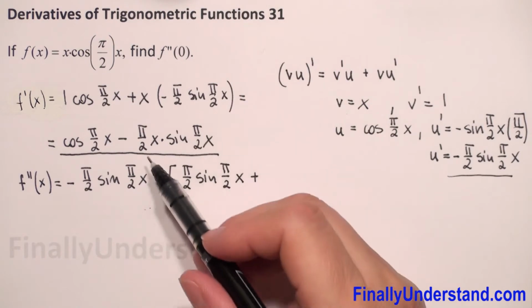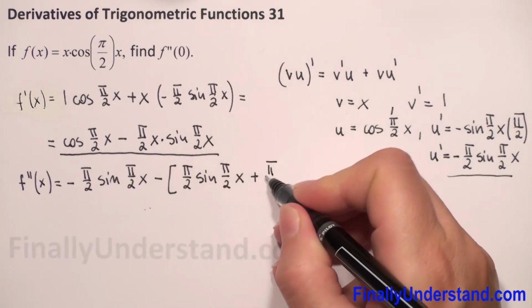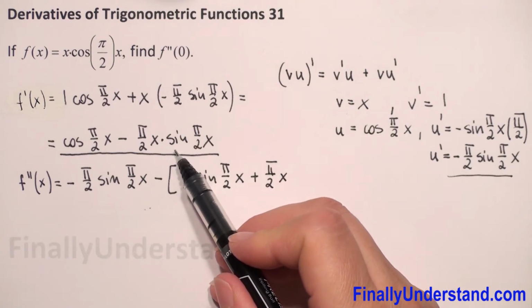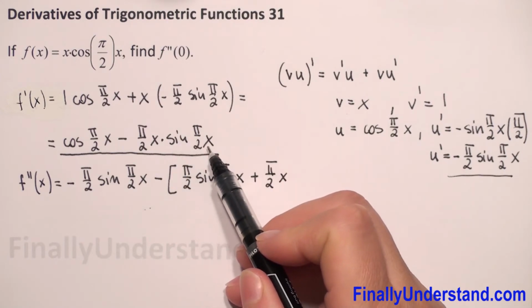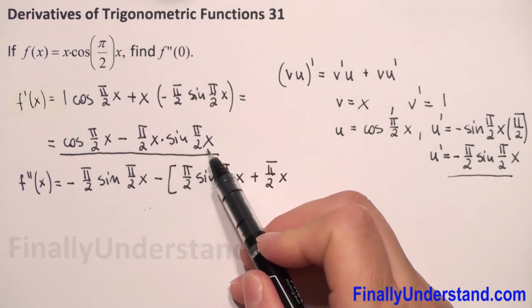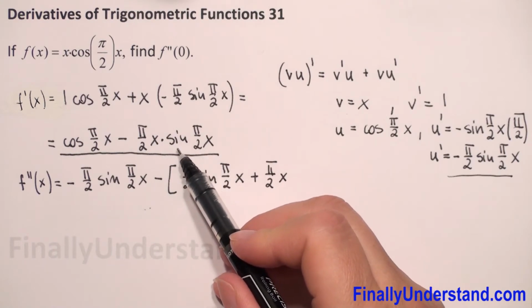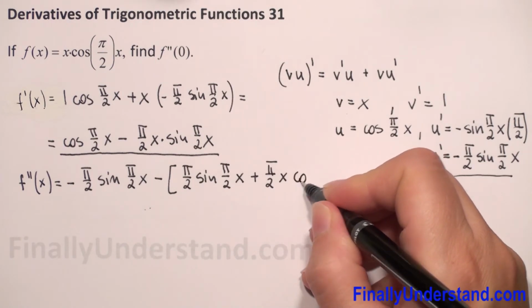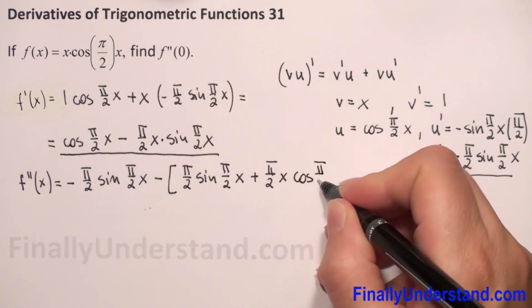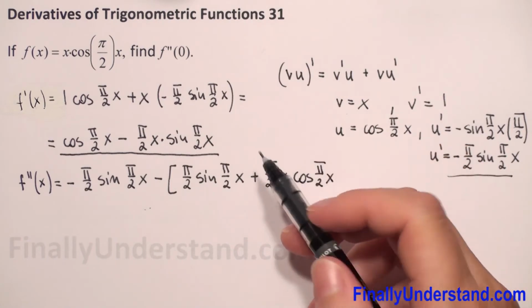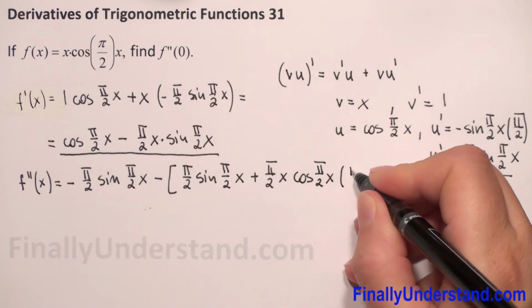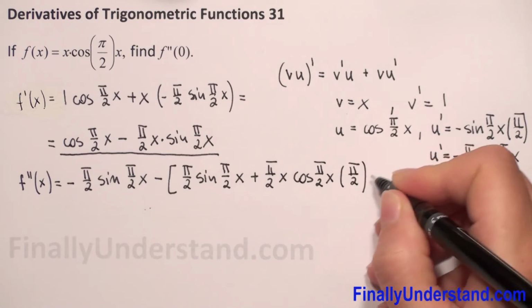We have to copy pi over 2x times the derivative of sine of pi over 2x. So we have a composite function. First we have to find the derivative of sine. The derivative of sine is cosine, so we have times cosine of pi over 2x, and the derivative of pi over 2x is just pi over 2.